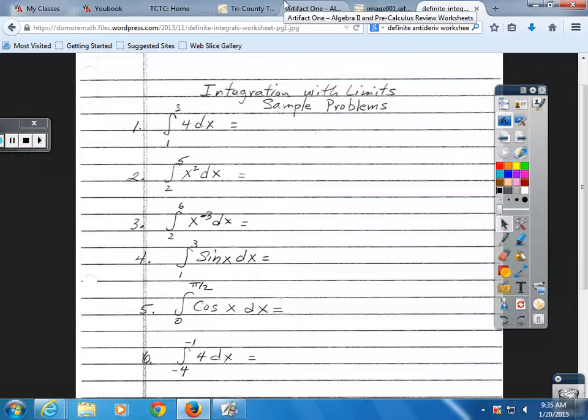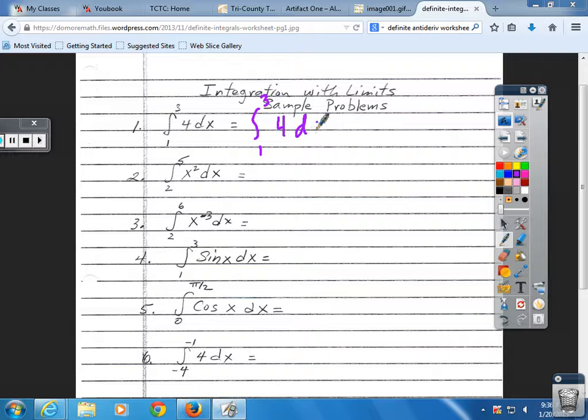All right, I'll go ahead and start on the first one. Antiderivative from 1 to 3 of 4 dx. So pull that 4 out: 4 times the antiderivative from 1 to 3 of dx.